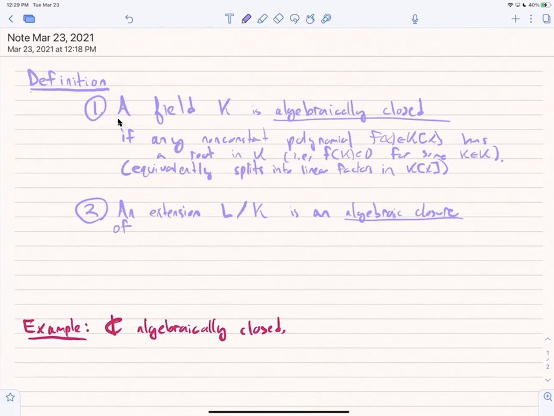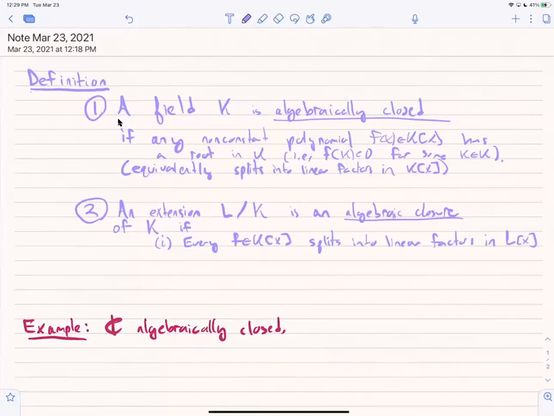So an extension L over K is an algebraic closure of K if two things happen, so I'll call this Roman 1 and Roman 2. So the first is every f in K[x] splits into linear factors in L[x].